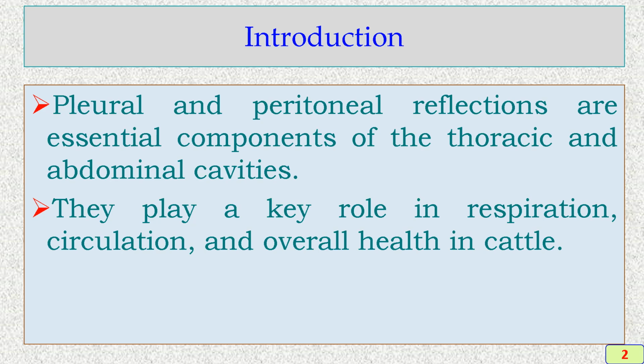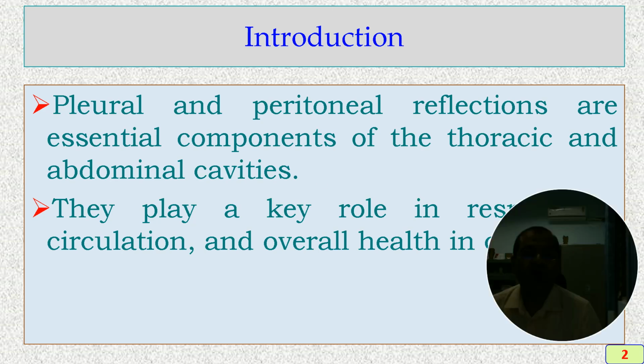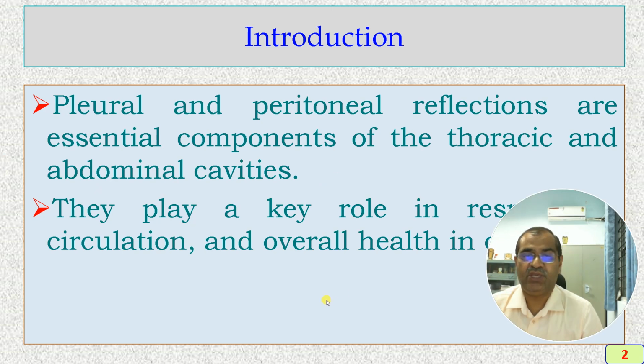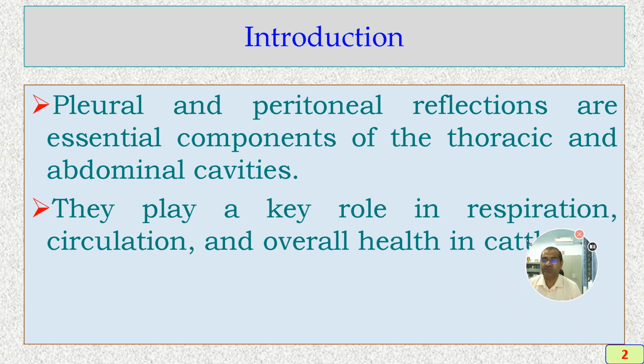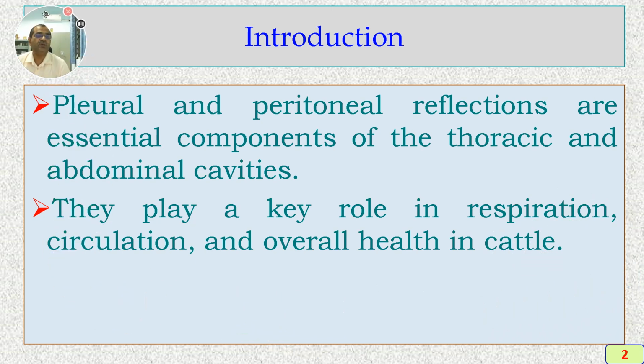The pleural and peritoneal reflections are essential components of the thoracic and abdominal cavities, and they play a very key role in respiration, circulation, and overall health in cattle.